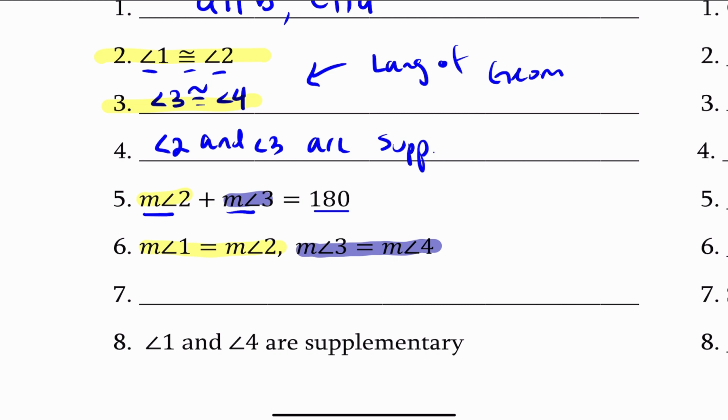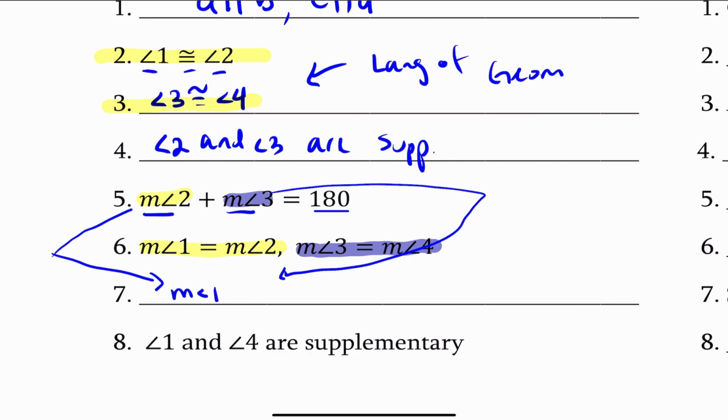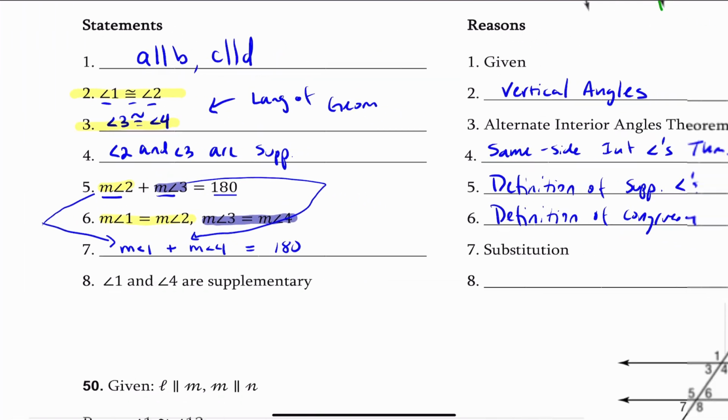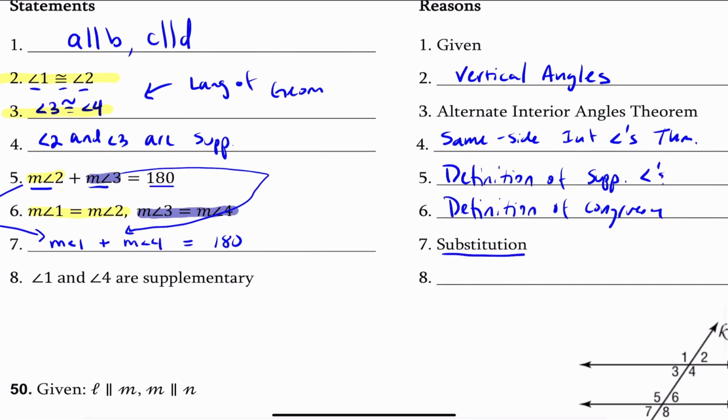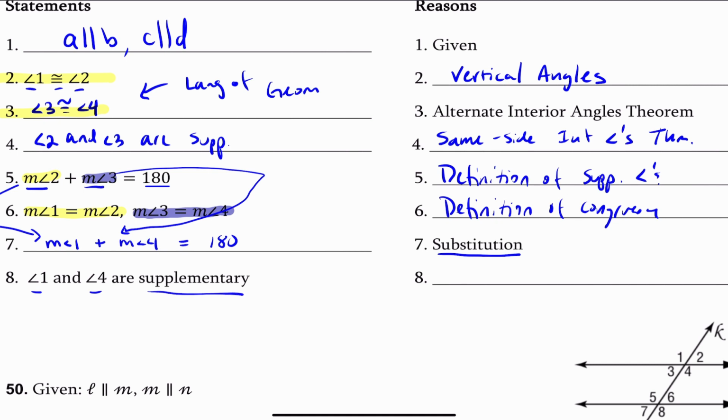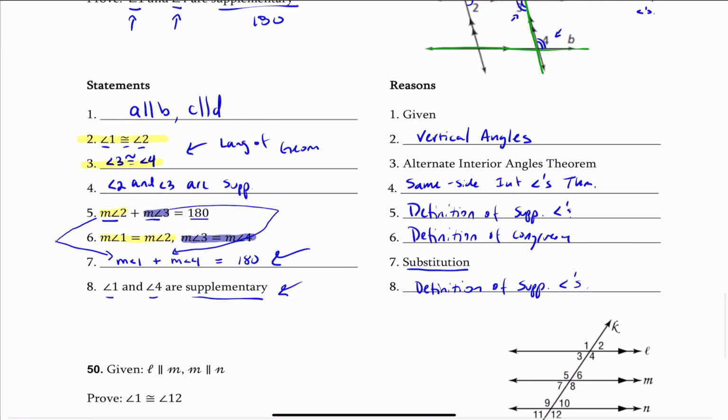So I will say measure angle 1 plus measure angle 4 is equal to 180. And that's by substitution. And then I say angle 1 and angle 4 are supplementary. This is supplementary in algebra. Now I want to make this supplementary in words. Definition of supplementary angles. And I'm done with the proof.